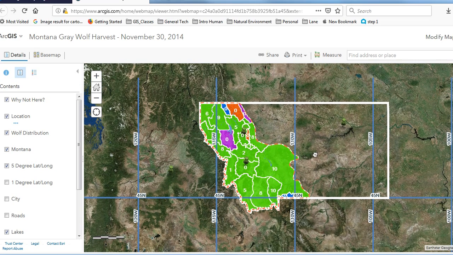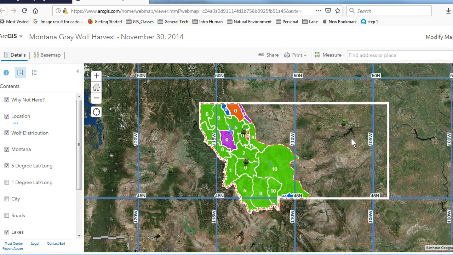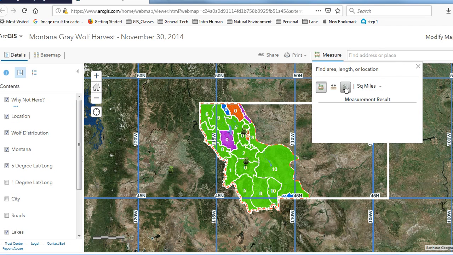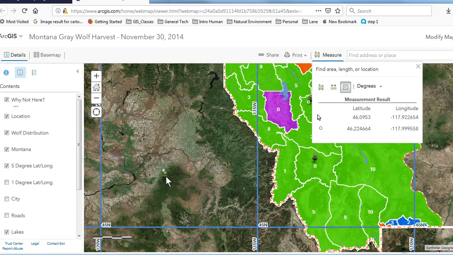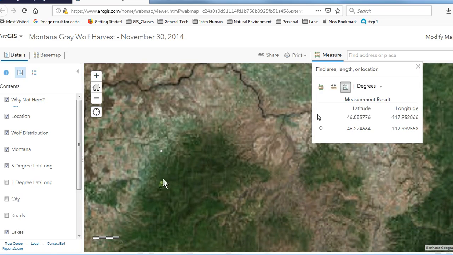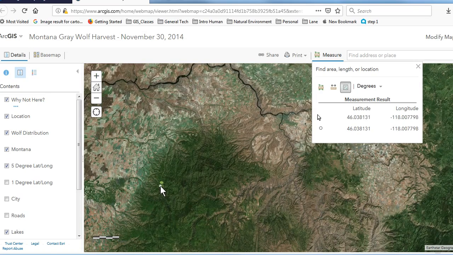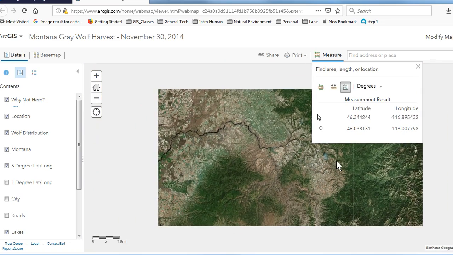So to get the 2 coordinates for the location push pins, you're going to go back to measurement, click on the latitude and longitude button, and I'm going to get this one first. So actually, if I'm really zoomed in, let's get as close as we can. Okay, so 46 degrees north, 118 degrees west longitude for the southernmost pin.